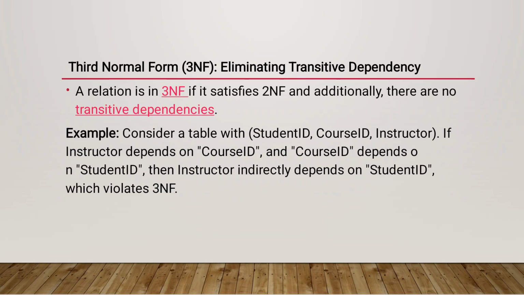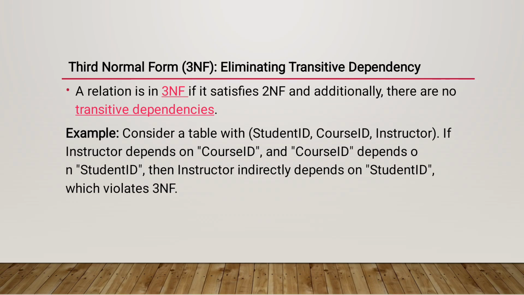Next, third normal form. Third normal form will satisfy the second normal form, and additionally there is no transitive dependency. That is, no non-prime attribute is transitively dependent on the primary key.